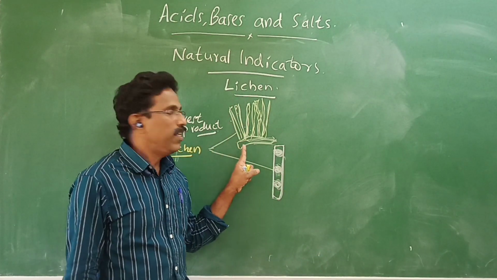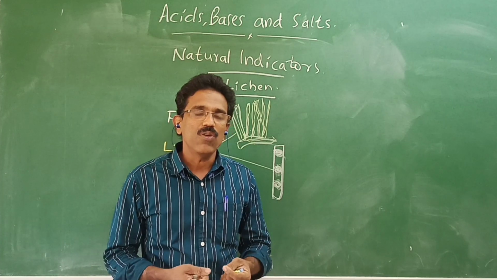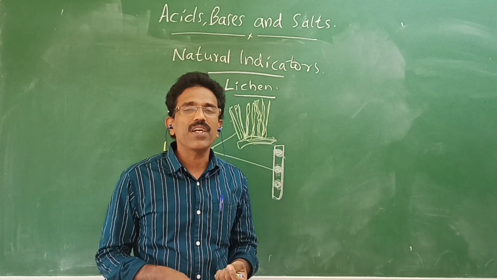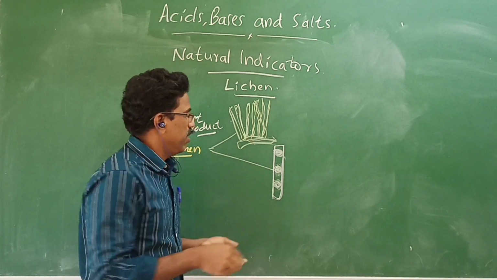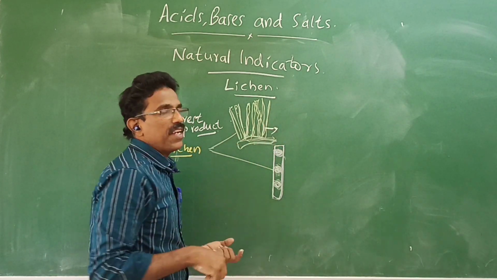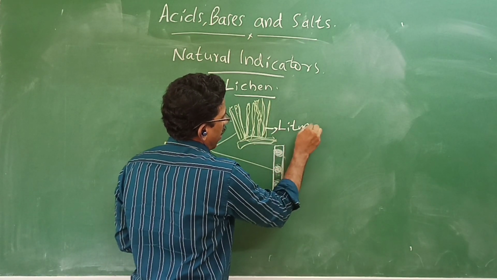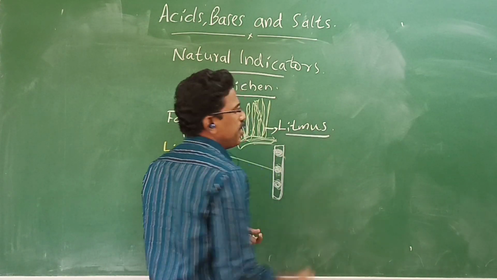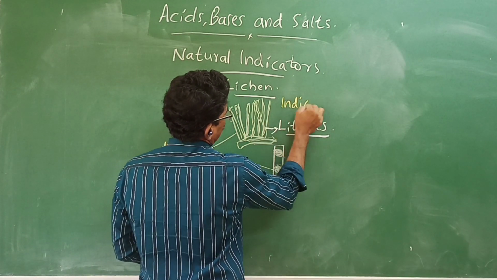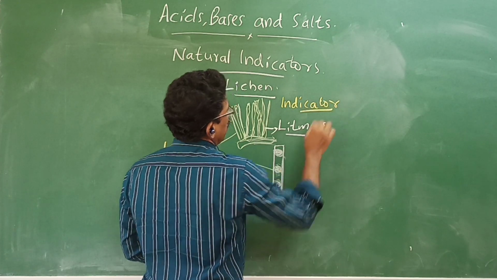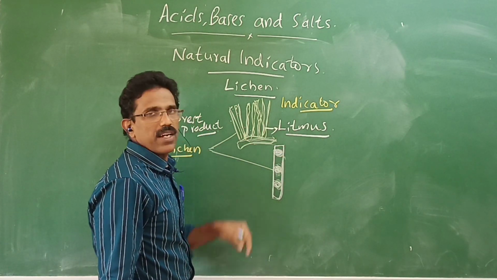This lichen is used to prepare certain dyes which are used to make litmus paper. From lichen we make an indicator named litmus. Litmus is an indicator prepared from lichen.